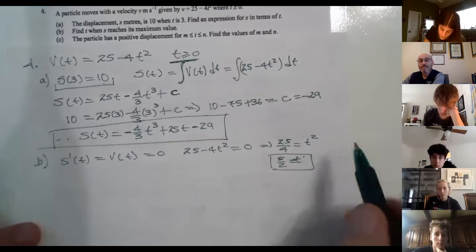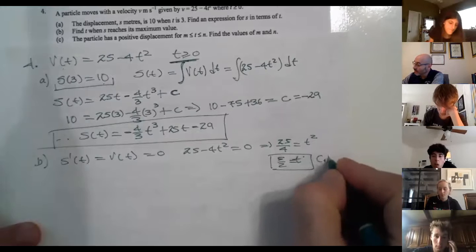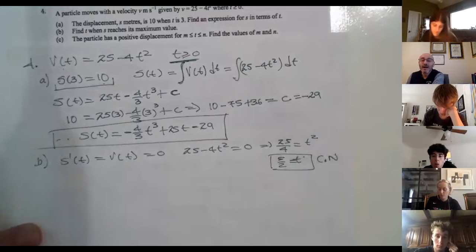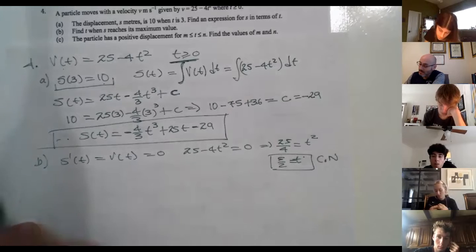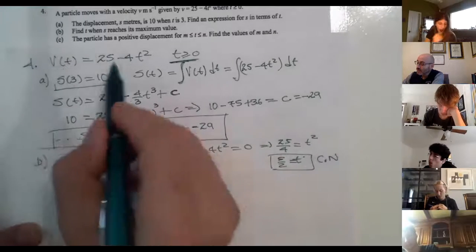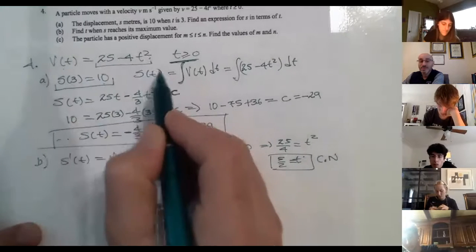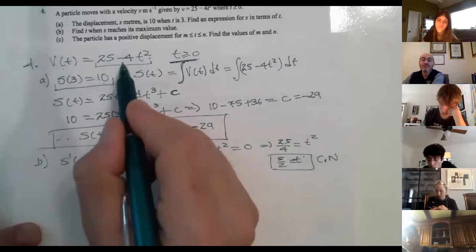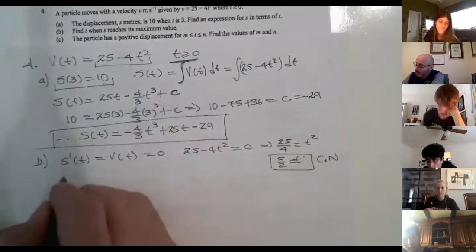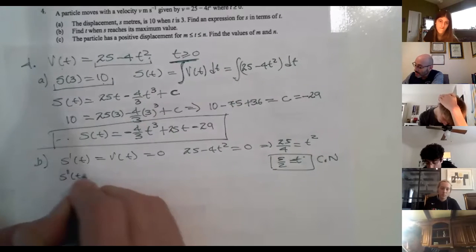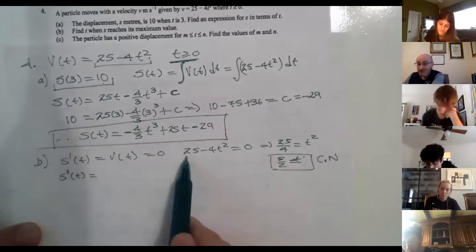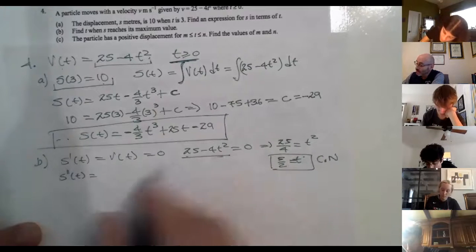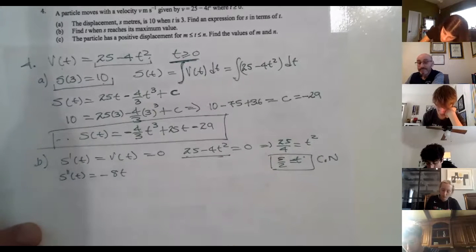From there, this is my critical number. I need to check if that is a max or a min. So what we have done in the past is use the second derivative test. I'm gonna use that because this first derivative is quite simple, so using the second derivative test is not that complicated. So the second derivative is just the derivative of this, which is negative 8t.